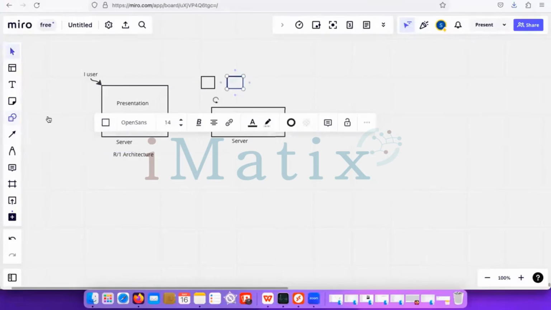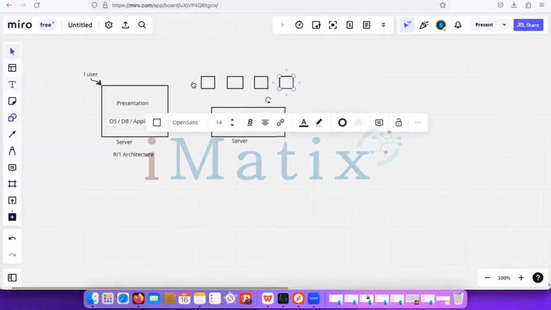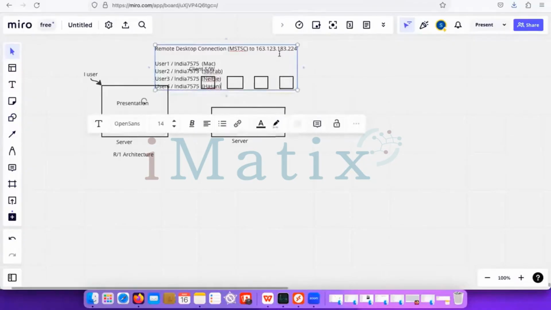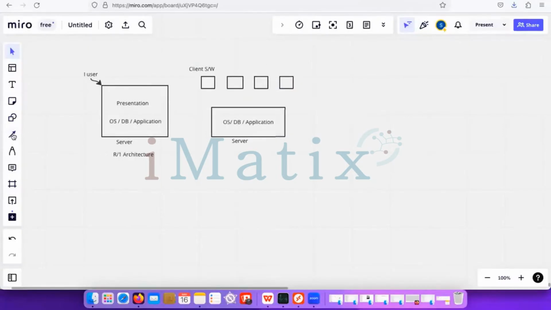On the users' machines we can install the presentation layer, the client software, which is installed on the local machine of users. Many users can connect. But here again we have a limit.